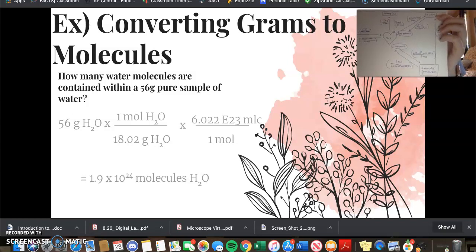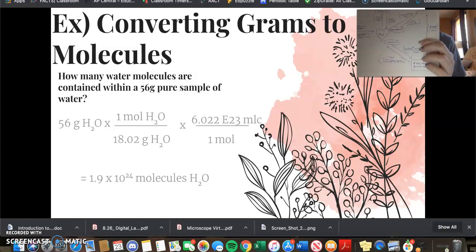There are 7 diatomic elements that exist in nature, not as atoms, but as molecules. So for example, oxygen. Pure oxygen exists as O2 more than it does as O. So oxygen and any other diatomic element would be an exception where you would go from a compound then to atoms.